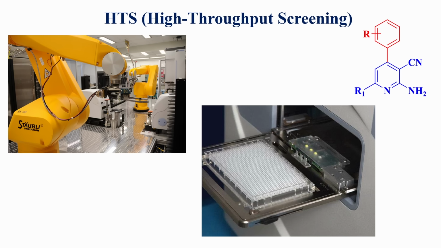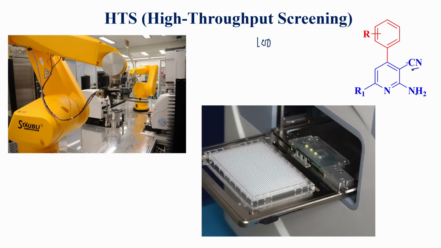Now talking about HTS, high throughput screening. I have given you here an example, a pyridine moiety containing the amino cyano group, and we have prepared a library set of 20 to 100.